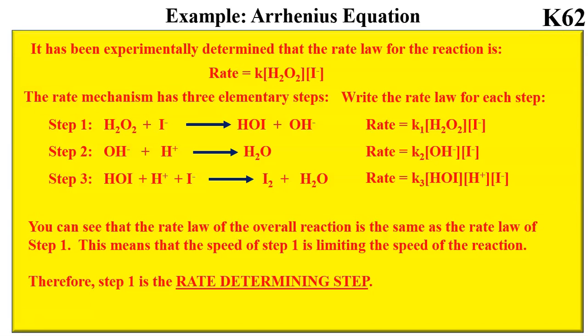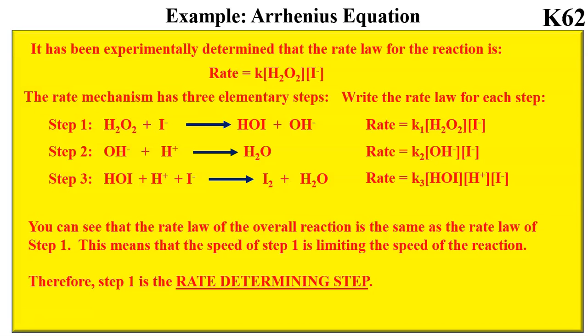So the rate law for step 1, the step 1 elementary reaction, is the same as for the overall reaction. This means that step 1 is limiting the speed of the reaction. And therefore, step 1 is called the rate determining step. Think about this. If you have these three elementary reactions running, the overall reaction can only run as fast as the slowest step.